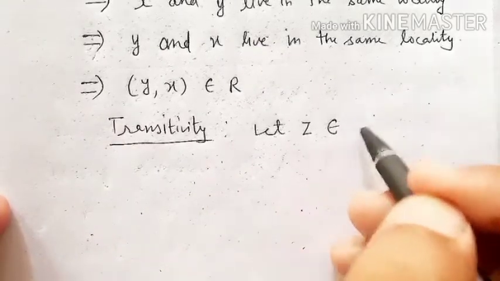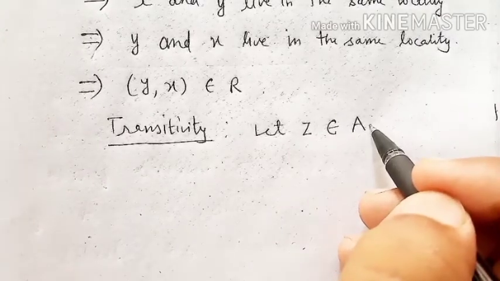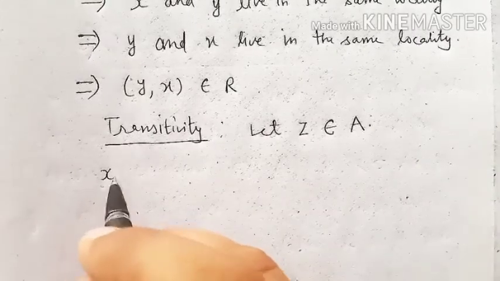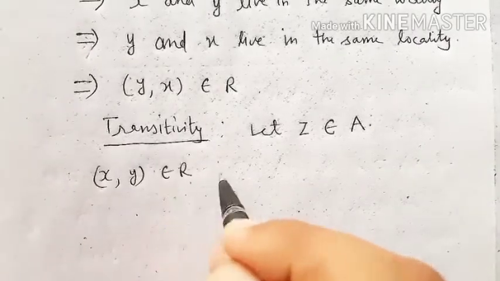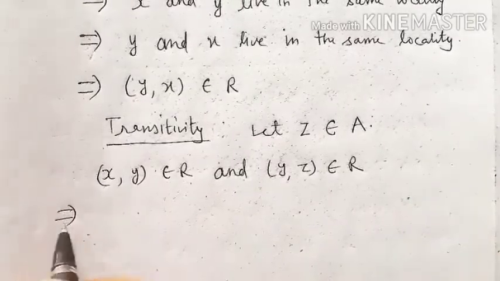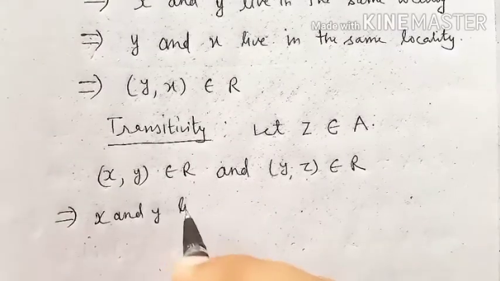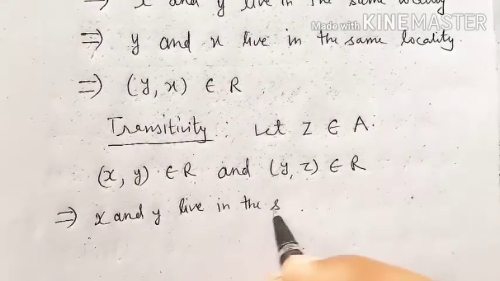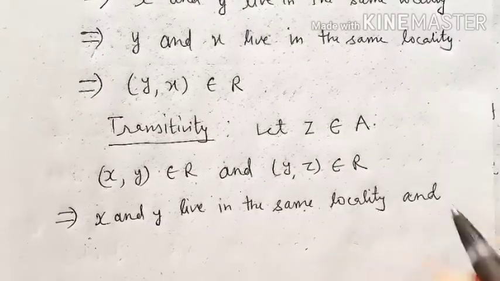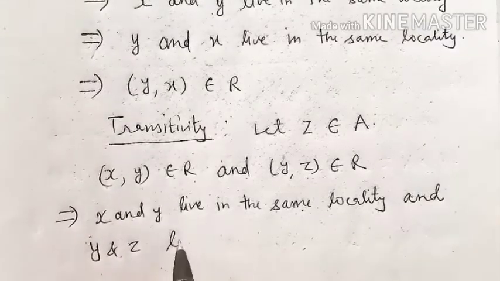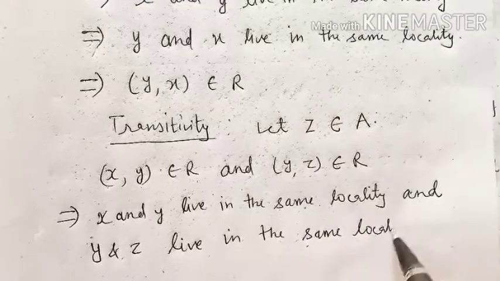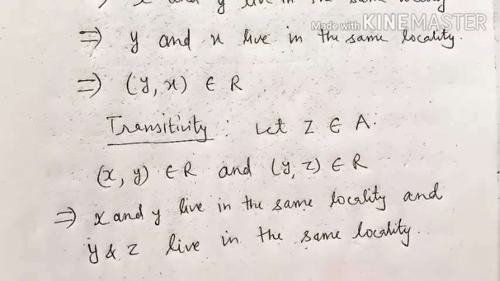Let Z belong to the set A of human beings in the town. Now XY belongs to R and YZ belongs to R implies that X and Y live in the same locality and Y and Z live in the same locality.